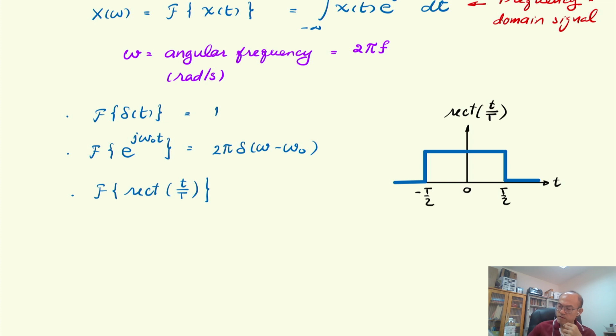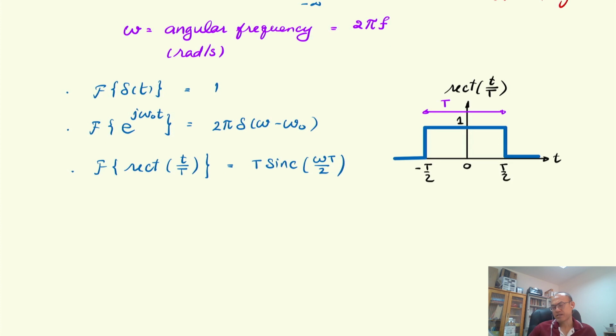The width of this is T, obviously, and the height is 1. And its Fourier transform is equal to T times sinc of omega T over 2. So these are basic signals for which we were able to obtain their Fourier transforms.